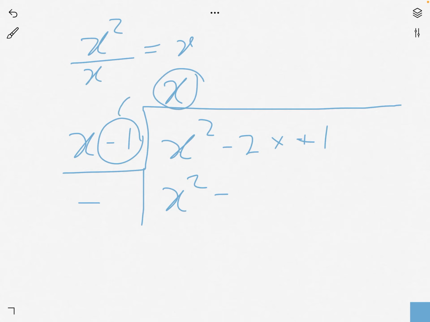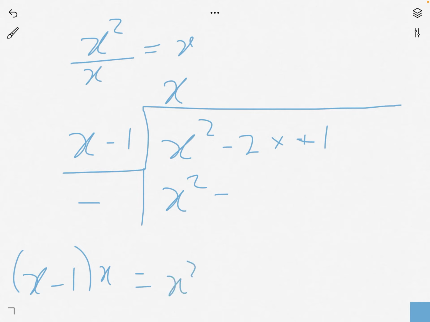I have to say it again and again because I've told some people 100 times what to do and they still can't remember. Another way you can look at it is x minus 1 times x, which will give you the same result. So this is the basic idea.